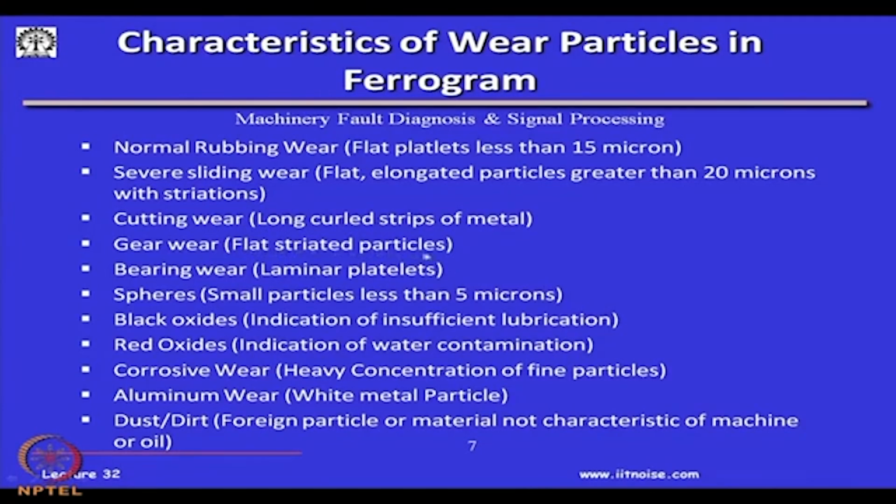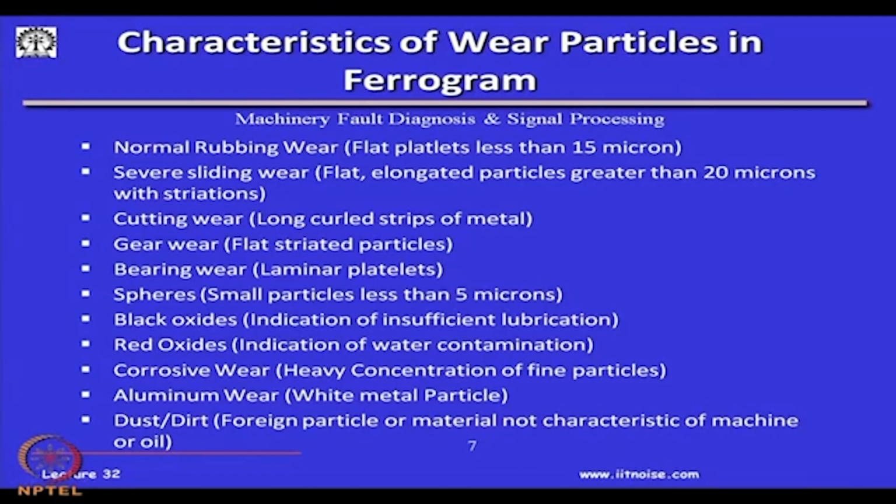Gear wear, flat striated particles. Bearing wear, laminar platelets. Spheres, small particles less than 5 microns. Black oxides indicate insufficient lubrication. Red oxides indicate water contamination. Corrosive wear becomes because of heavy concentration of fine particles. Aluminum wear, white metal particle. Then there is dust or dirt, foreign particle or material not characteristic of machine or oil.